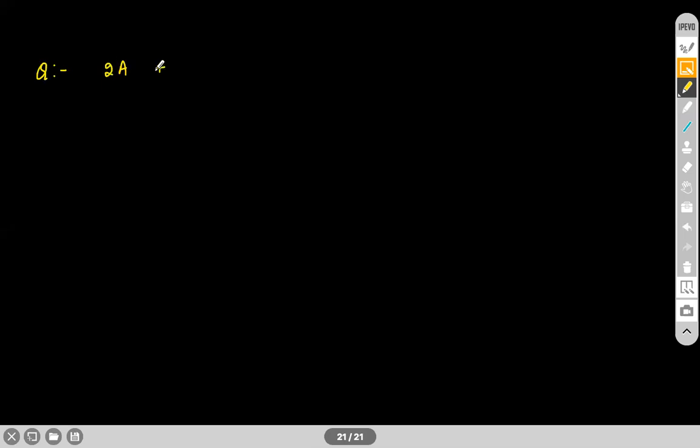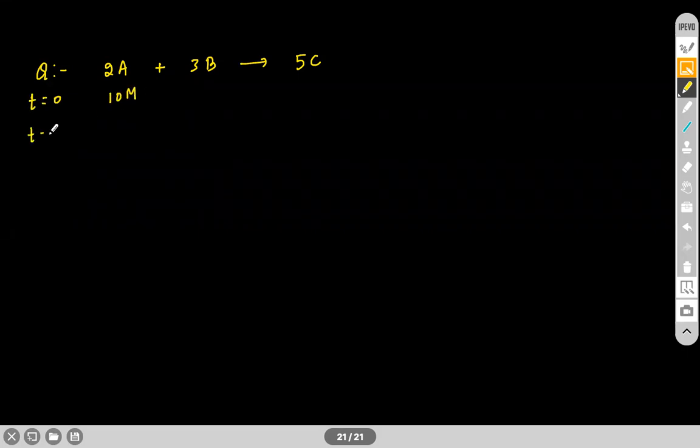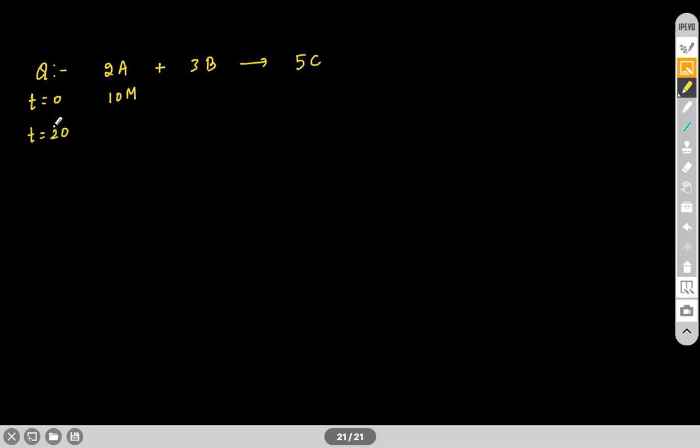Now you solve this question based on this. Suppose the reaction is 2A plus 3B gives 5C. Now at time t equals 0, it is given as 10 molar, and at time t equals 20 seconds, it is 5 molar.